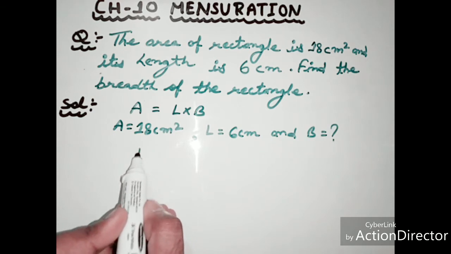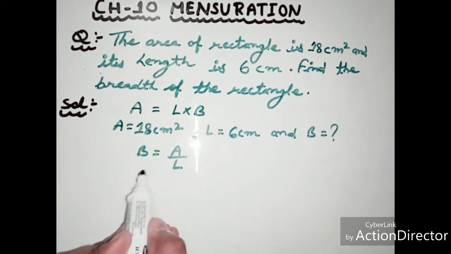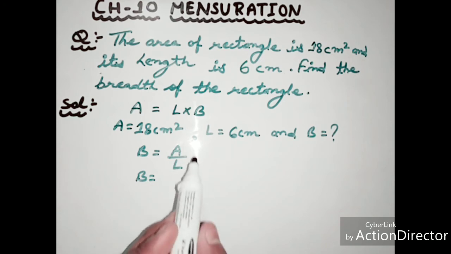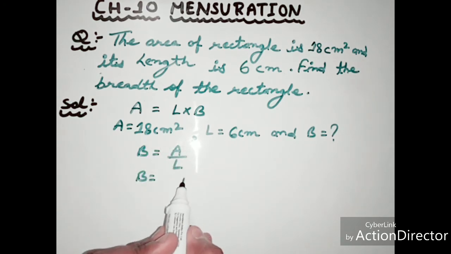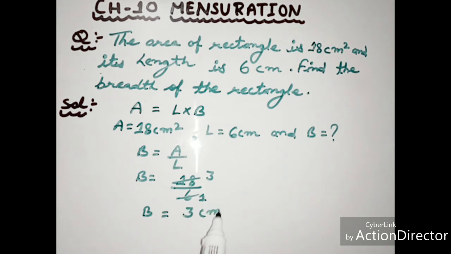So the formula of breadth is equal to area upon length. Now we put the value of A and L. So 18 upon 6. So here 18 divided by 6 is 3 times. 6 1s are 6 and 6 3s are 18. So B equal to 3 centimeter.